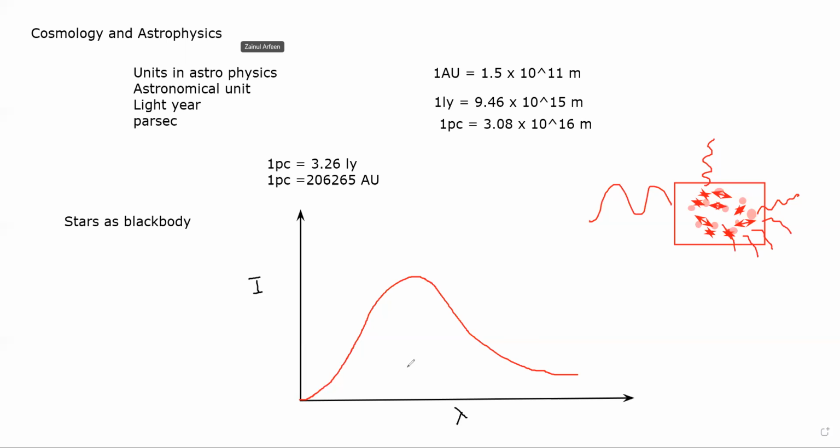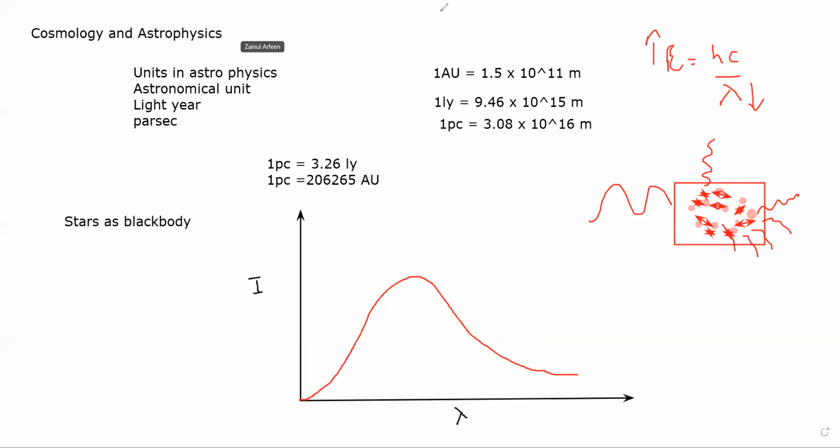So if most of them are average wavelength, as we increase the temperature, we know the formula E = hc/λ. As we increase the temperature, the energy will increase. If the energy increases, the wavelength at which the maximum intensity occurs will change to the shorter side.